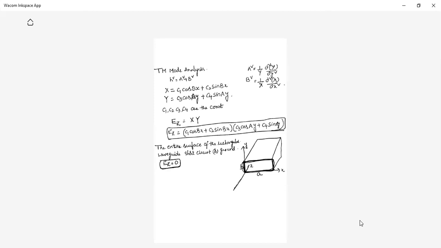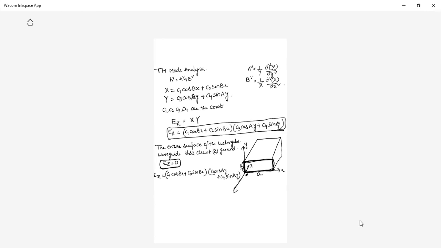So now we have Ez. What is the expression of Ez? Ez is equal to C1 cos Bx plus C2 sin Bx, into C3 cos Ay plus C4 sin Ay. We are going to apply the boundary conditions one by one.